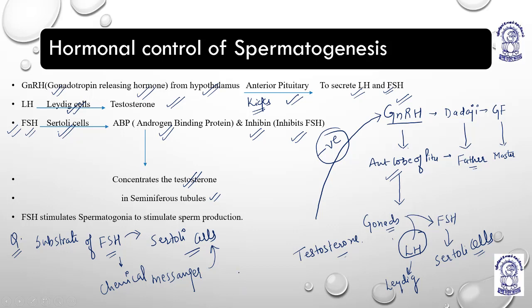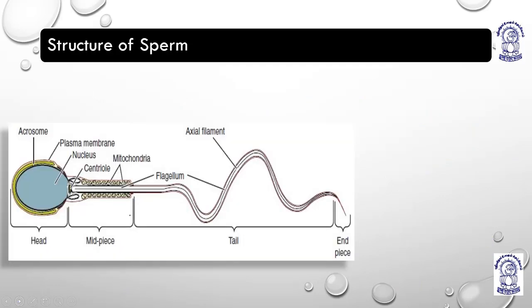we have the structure of sperm. For the structure of sperm, you have to learn the main parts, the main anatomical details. The very first thing, you just write it down: at the proximal end you have what?